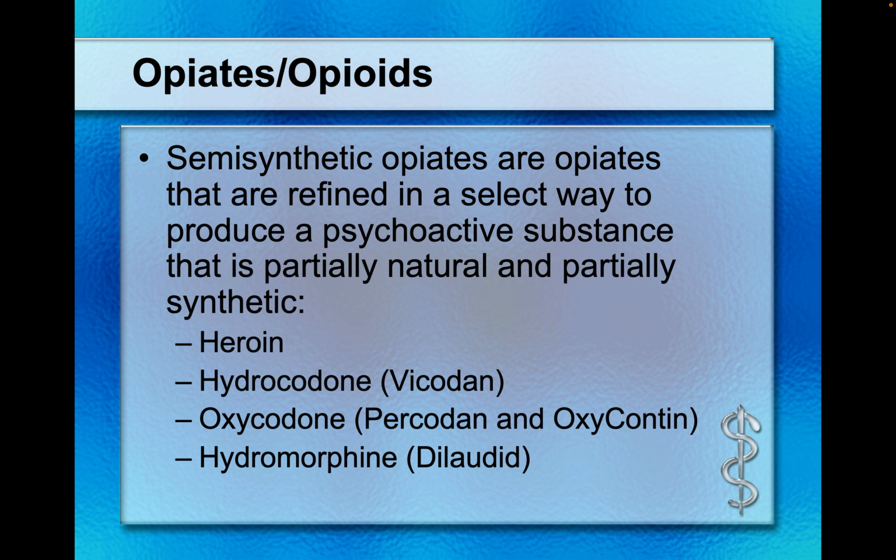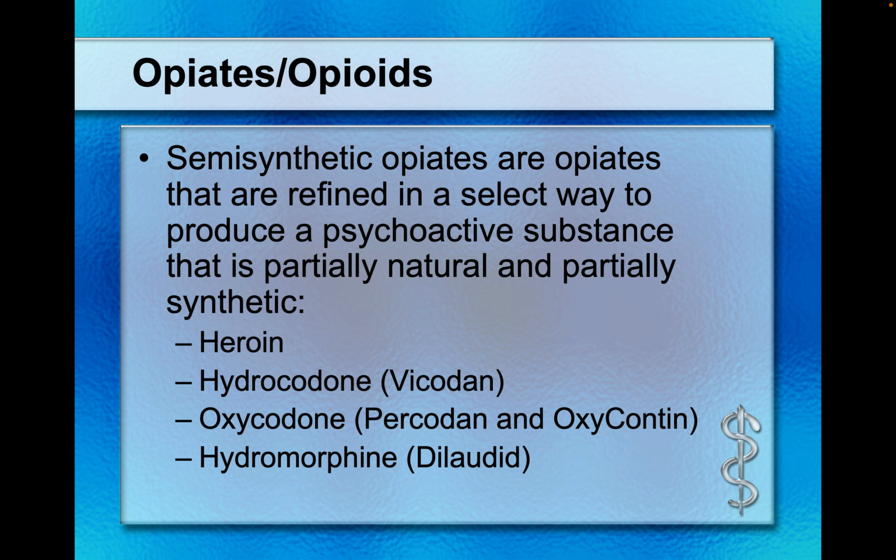Semi-synthetic opiates are opiates that are refined in a select way to produce a psychoactive substance that is partially natural and partially synthetic. That's the way it is with heroin, hydrocodone, oxycodone, and hydromorphone. Hydrocodone, of course, is Vicodin, and oxycodone is Percodan and OxyContin.